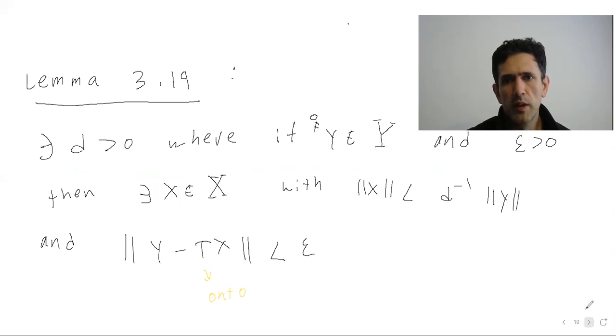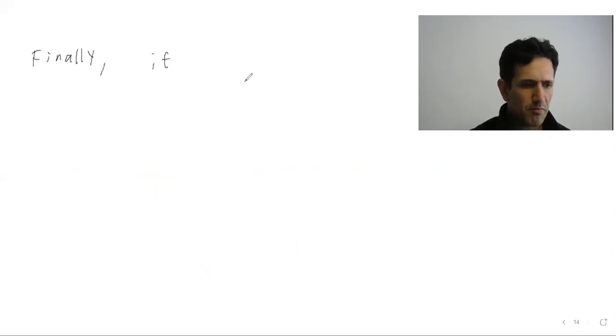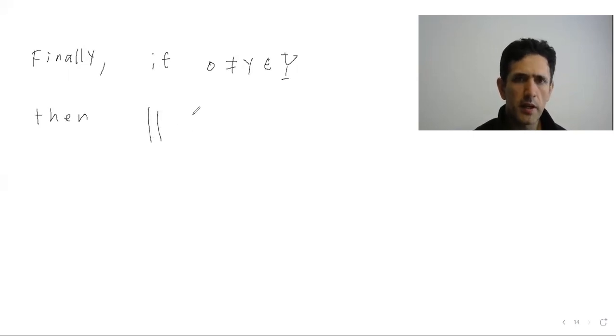So, all right. If we have a y not equal to 0, so big Y, then basically just take r over 2, y over norm of y.